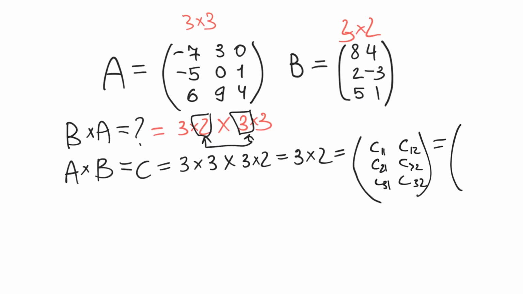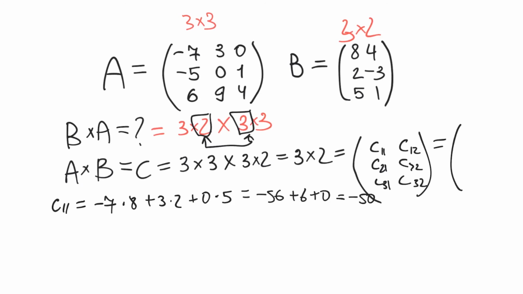So let's actually calculate each element, and we'll start with C11. C11 is going to equal -7 times 8 plus 3 times 2 plus 0 times 5. That gives us -56 plus 6 plus 0, which equals -50. So our first element is -50.